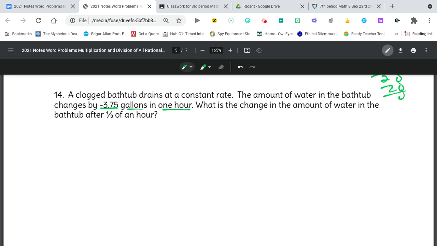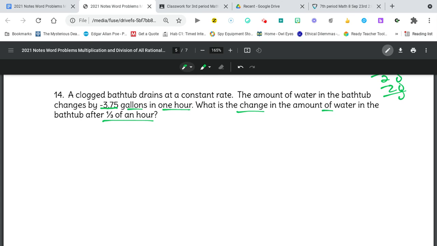So I didn't say -3 7/500ths because I said 3 7/500ths is coming out. Because I said it's coming out, I don't use the word negative. But if I say negative, the bathtub changes by -3.75 gallons in 1 hour, I cannot say comes out. I can't use negative and say come out at the same time.